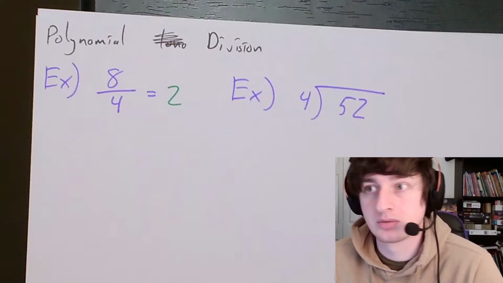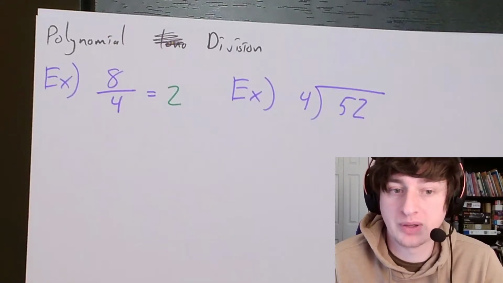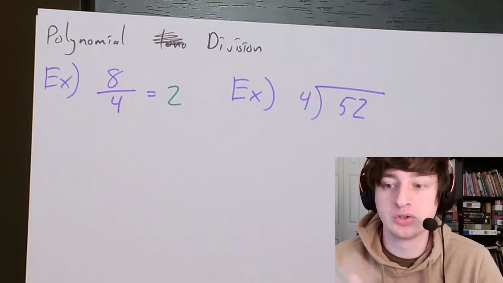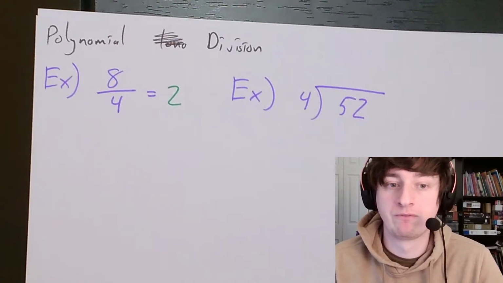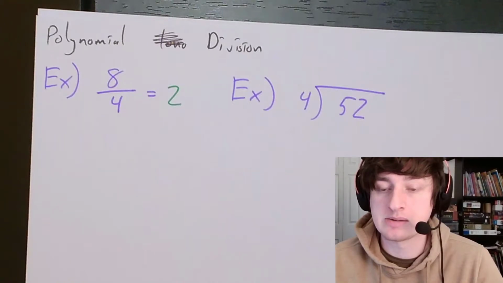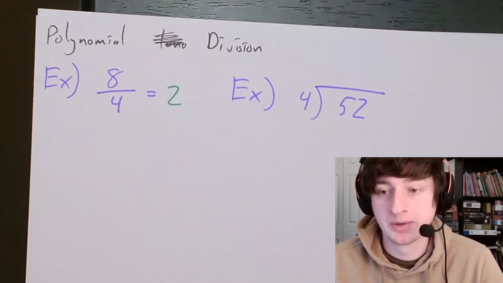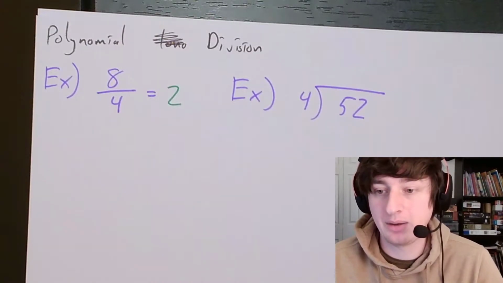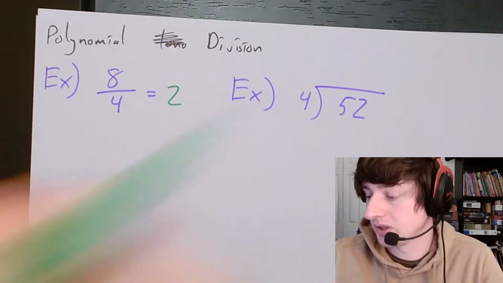And that's not too hard to figure out just by thinking of it, but I want to work through the long division because we're going to use this process for our polynomial division. 4 into 52, what we do is we say, okay, how many 4s fit into 5? We ignore this 2.